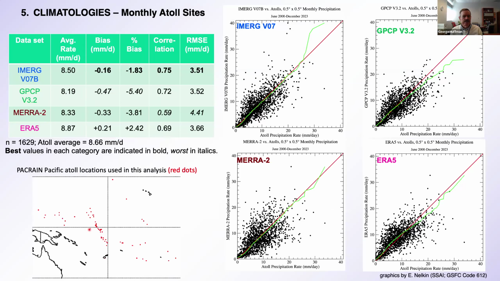Okay, here's monthly atoll sites. So these are depicted here in the lower left. This is the Pacific Atoll location specifically. We filter out, we don't use the high and even the low islands. These are only the atolls.